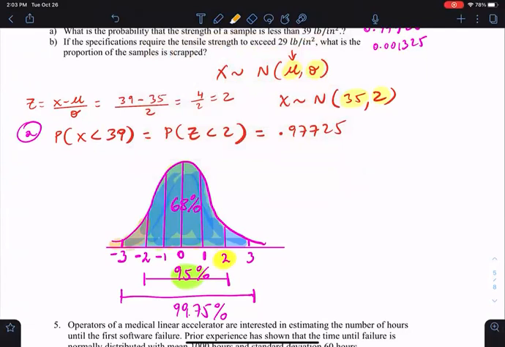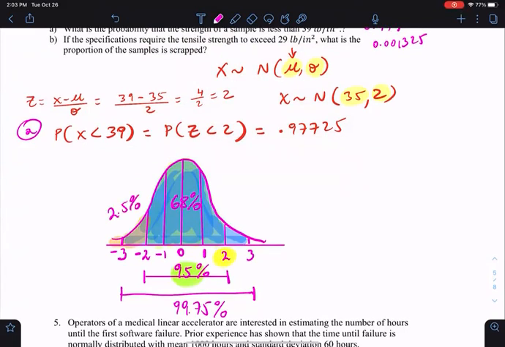If that's 95%, you have 5% remaining, so this is 2.5% in this tail and 2.5% in this tail. Remember, the Z table gives you the area to the left. So basically we're getting the area to the left of this. If you add 95 plus 2.5, that would be 97.5, which is close to this.